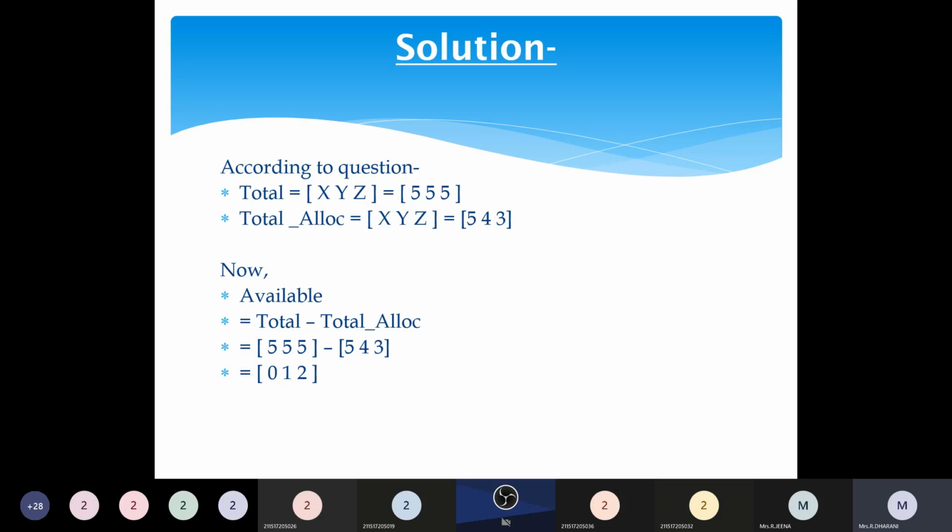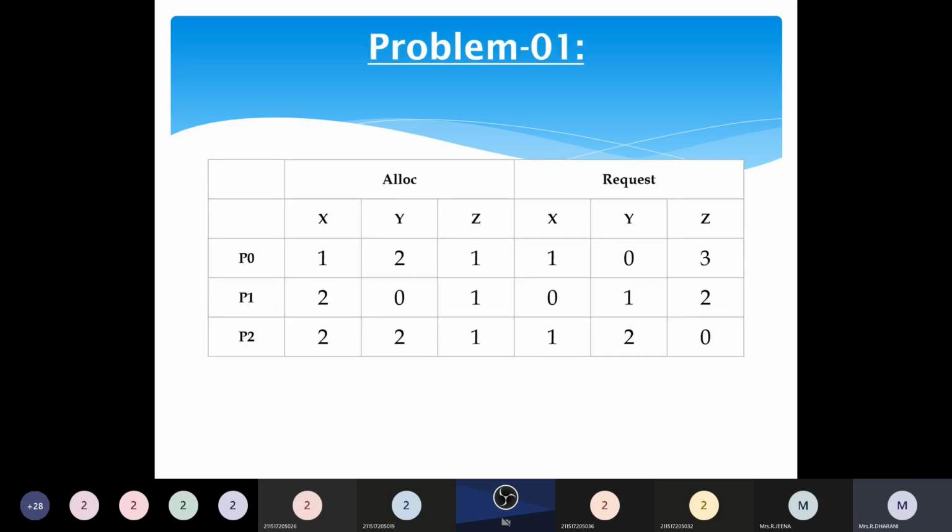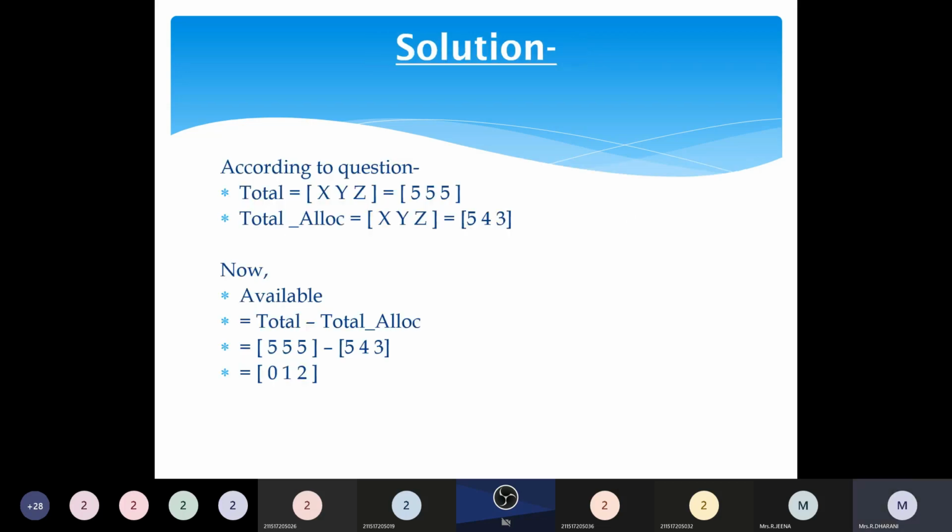They initially told us this many units are available, and as you can see in the previous table, you can add it. For X it is 1 plus 2 plus 2, that is 5, for Y 4, and for Z 3. So the total resources allocated from 5, 5, 5 is 5, 4, 3. Hope it is clear.